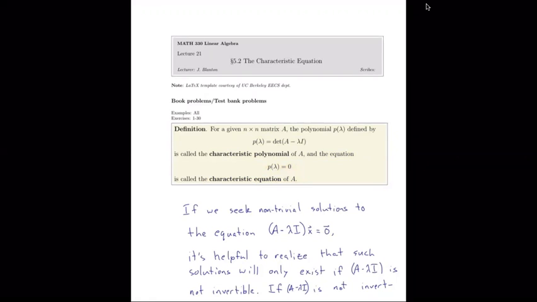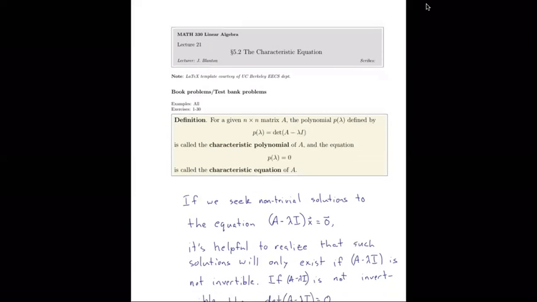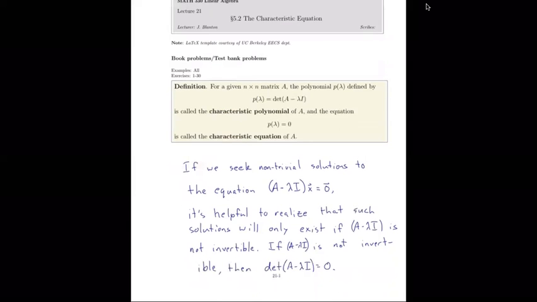So why would we define such a thing? What's so useful about this characteristic polynomial and equation? Well, remember, we seek non-trivial solutions to this equation, A minus lambda I times x equals 0, the homogeneous equation for A minus lambda I. This equation came from A times x equals lambda times x, that's our eigenvalue eigenvector pair definition.